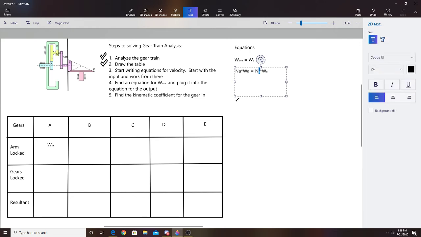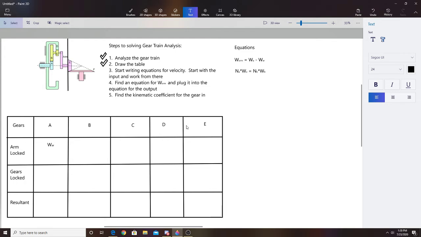And so this is like the setup equation for how all of these things contact together. So essentially, gear teeth times the velocity is equal to gear teeth times the velocity, right?